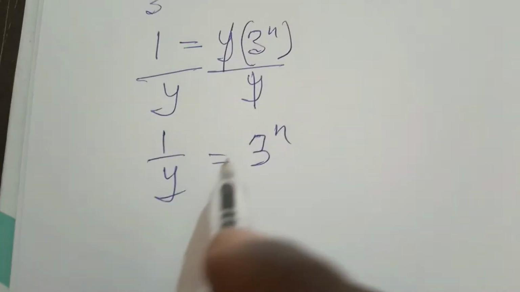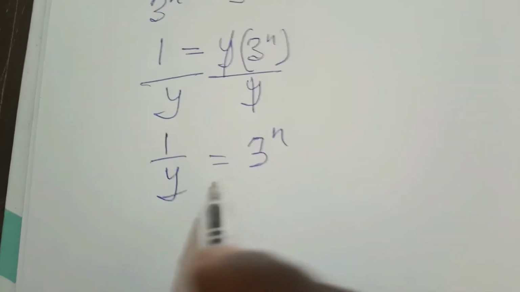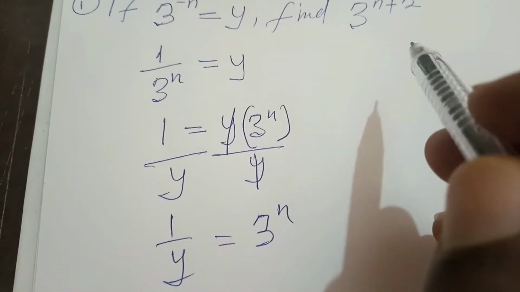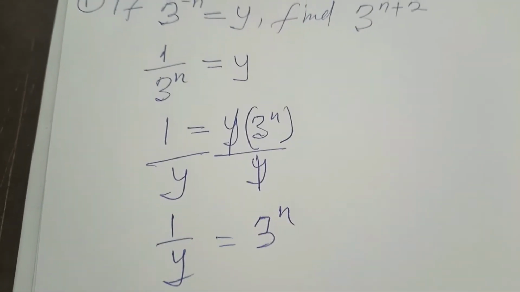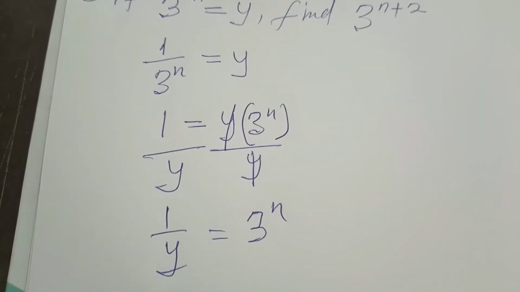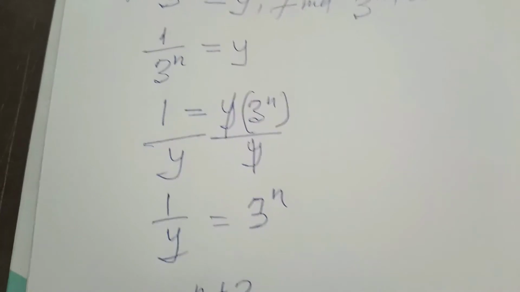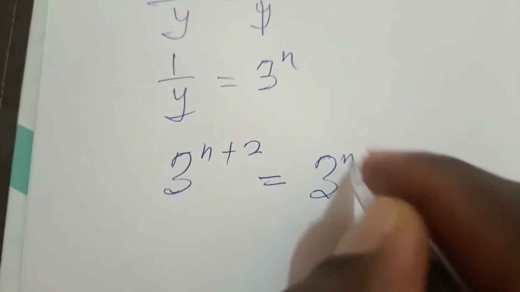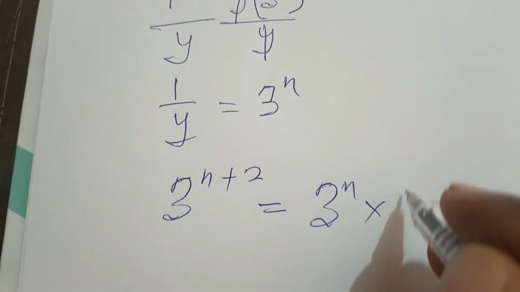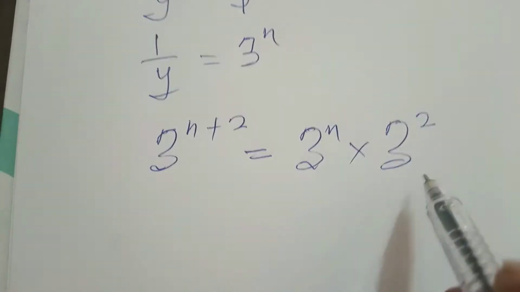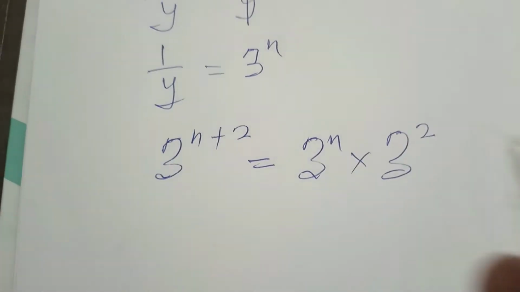So that means that wherever we see 3 exponent n in this our question here, we just fix in our 1 over y. So let's rewrite that. 3 exponent n plus 2 from the laws of indices is the same as 3 exponent n times 3 squared, because the law says when they are multiplying and have the same base, we add the exponent.